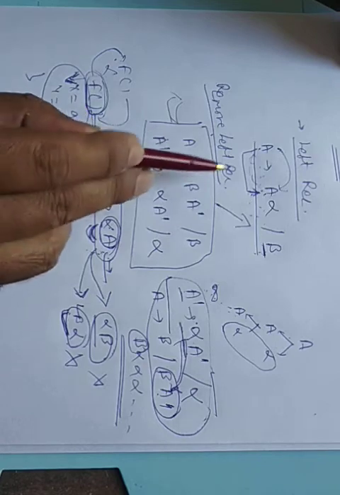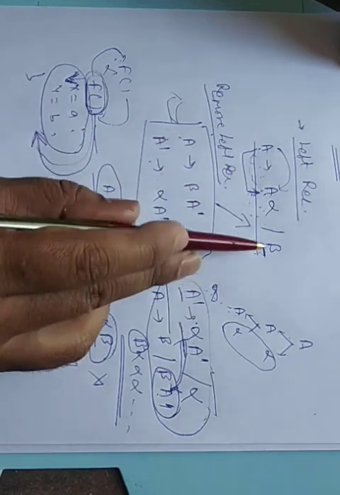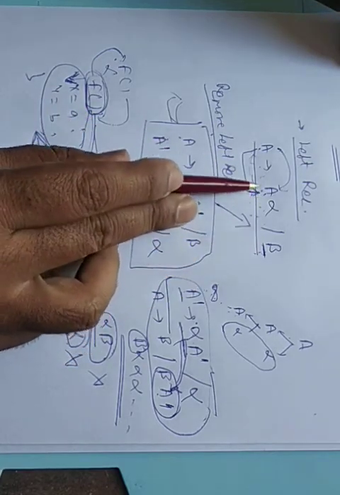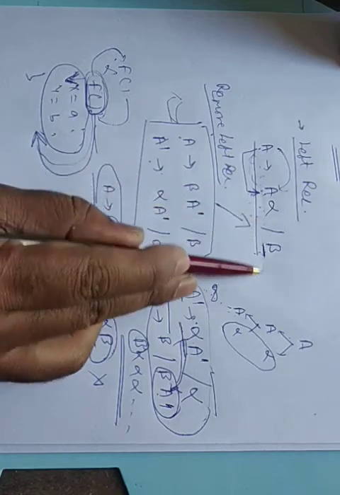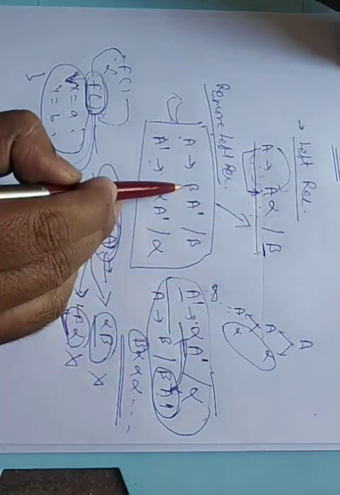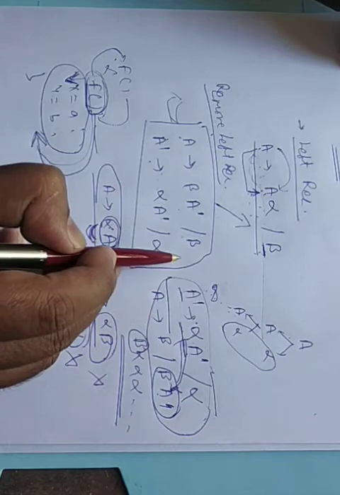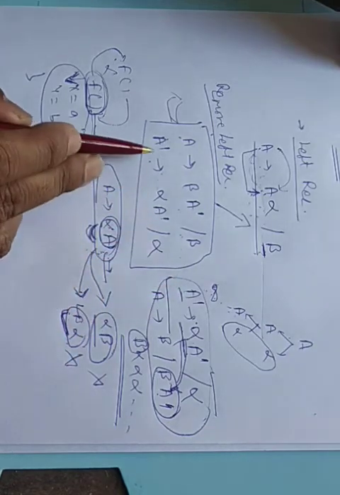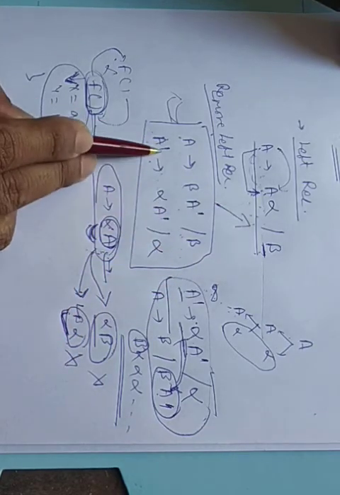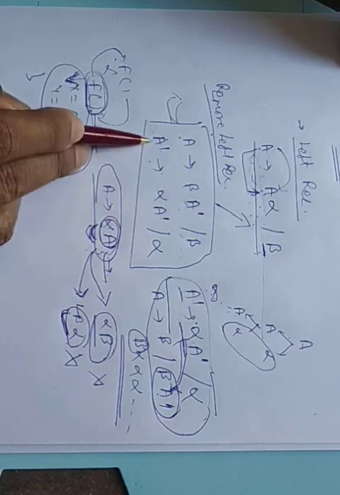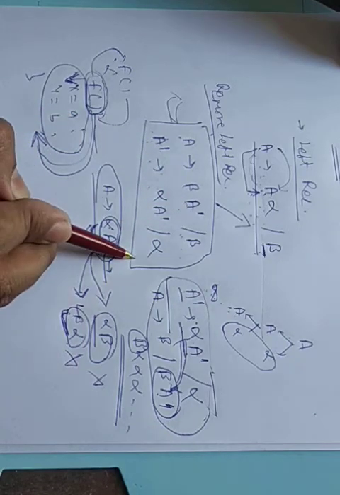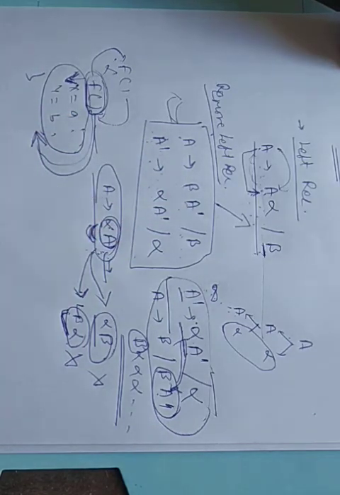The formula says that A produces, whatever values you have after this particular production, beta A dash and all those values. Similarly, A dash, the new variable, will be alpha A dash slash alpha. So this is the removal of left recursion.